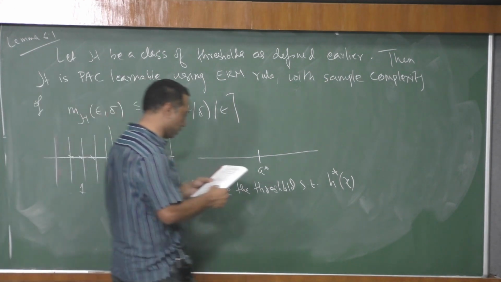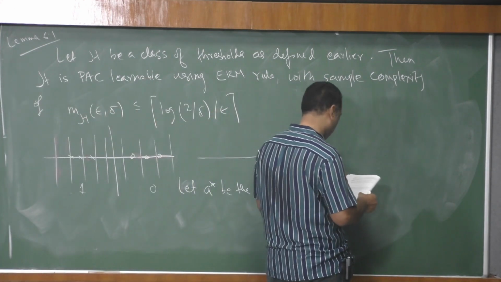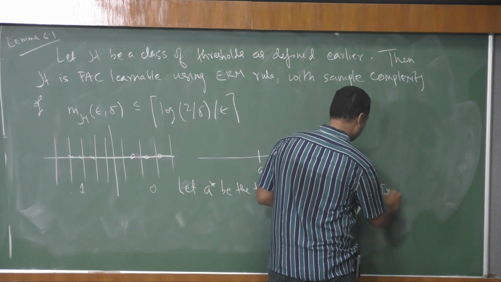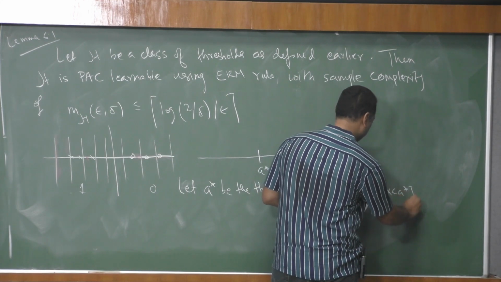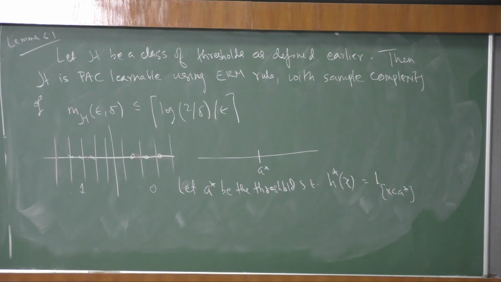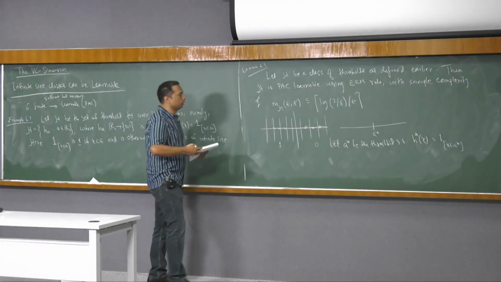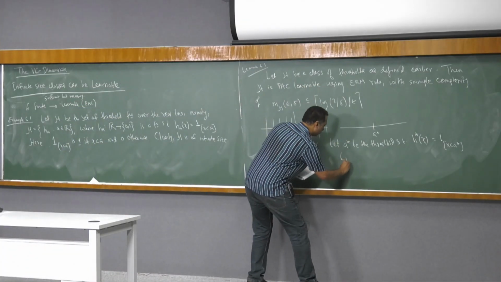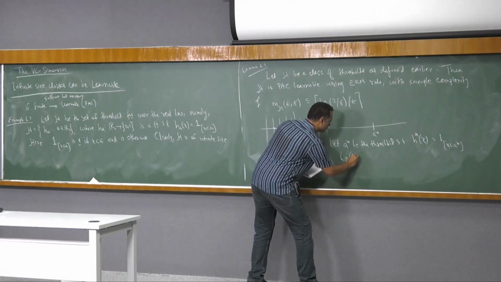So this H star of x is 1 whenever x is less than A star. And since this is the optimal, hypothetical one, the L_D of H star must be 0, because that should not make any error, because this is the ideal one. So this is L_D of H star.